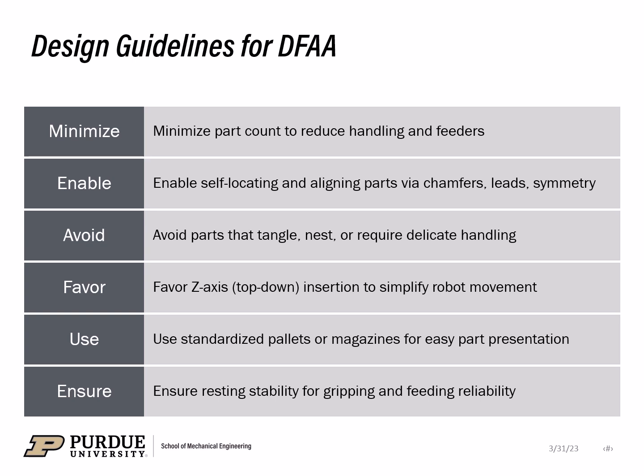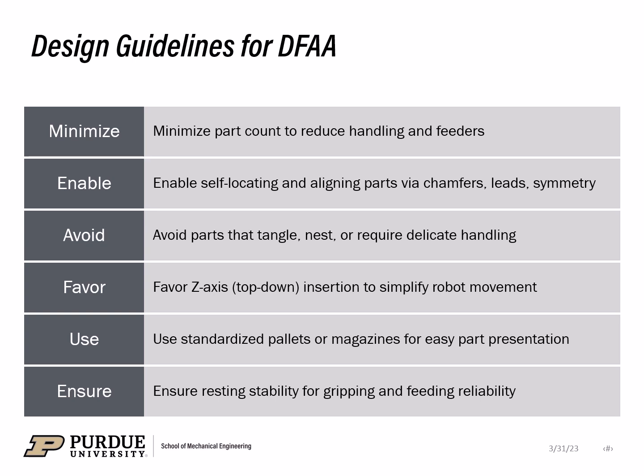These are going to significantly increase your feeder complexity. Fourth is to favor Z-axis insertion. This is going to align with most robotic arms and grippers, and ultimately simplify your fixture design. Fifth is to use trays or pallets for consistent part orientation. Standardizing the presentation of the part is going to reduce the need for complex orientation mechanisms.